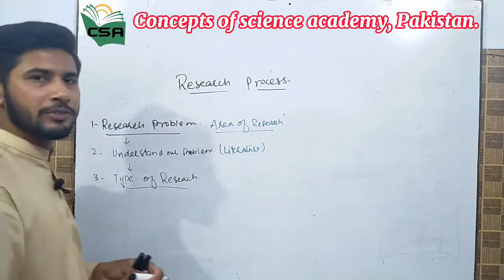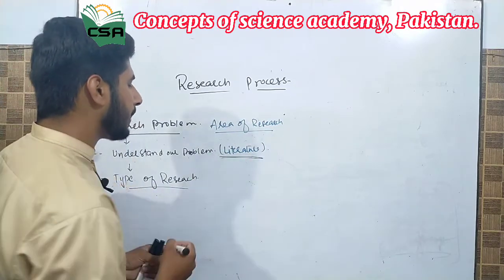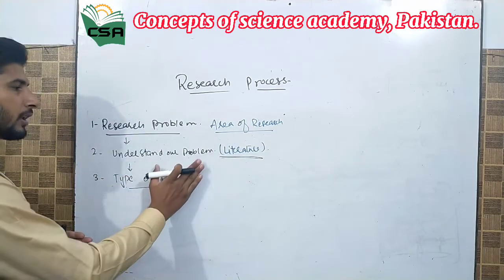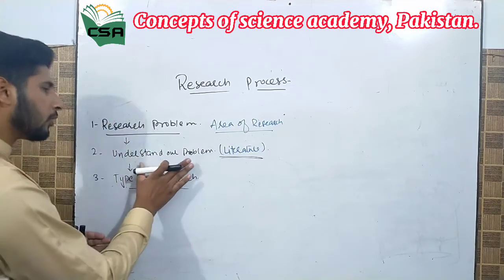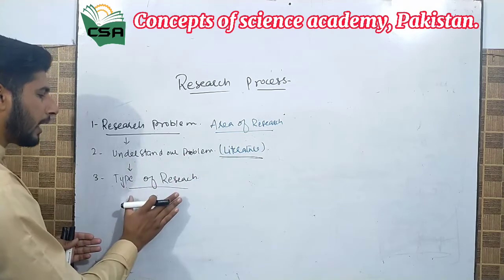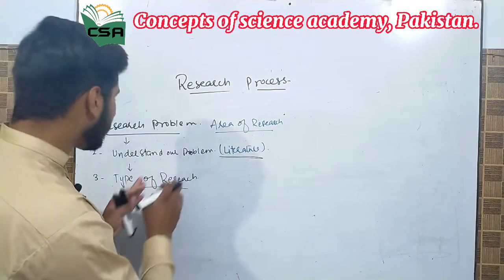In the next lecture, we will discuss the types of research. Type of research depends on your type of problem. I have clearly understood what my research problem is, and now on the basis of it, I will decide my type of research, that is, which type of research this problem lies in.